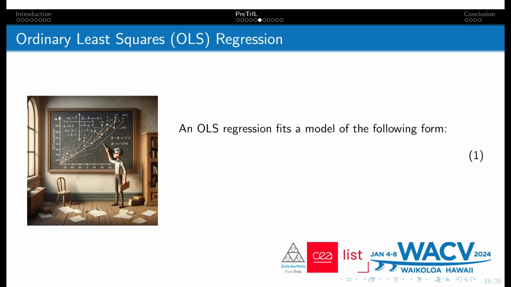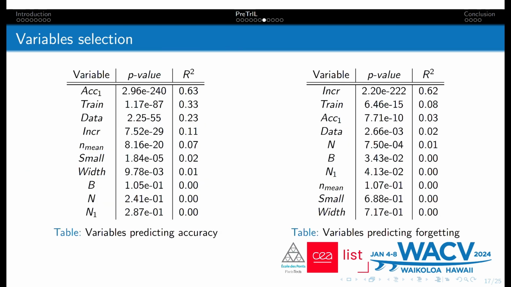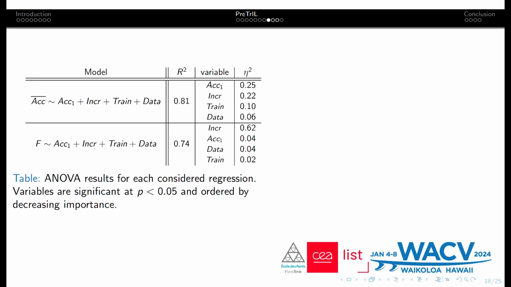So to do that, we performed an OLS regression to fit a model of the following form. The first step of this regression would be the variable selection. We can see that there are 4 main variables that come into our study. Let's fit it with an ANOVA, an analysis of variance.